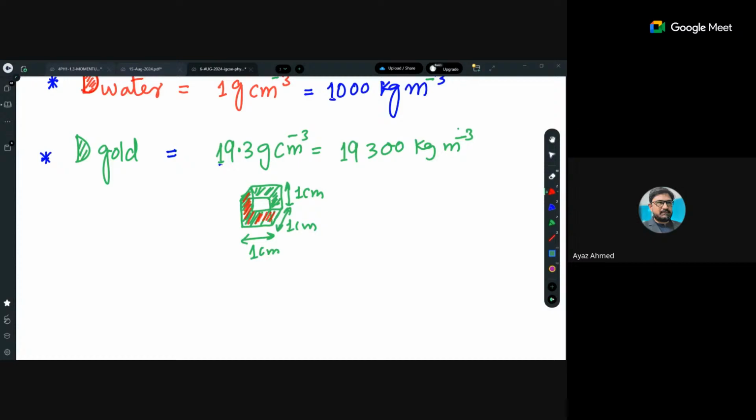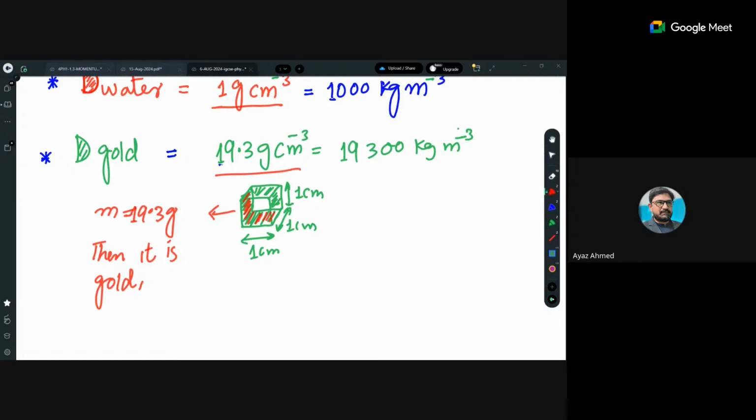You are going to measure the mass, and if its mass is equal to 19.3 grams, then it is gold. But if in that cube its mass is 1 gram, then what will you say? It's water.